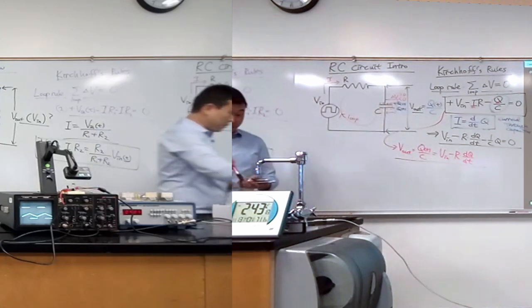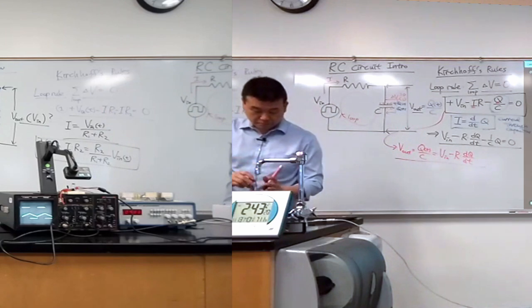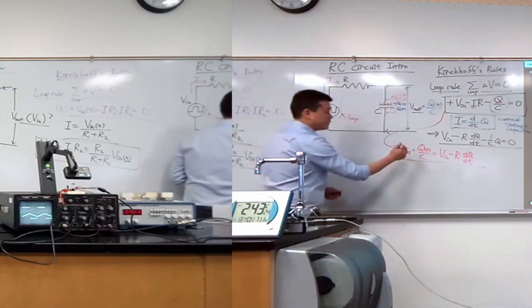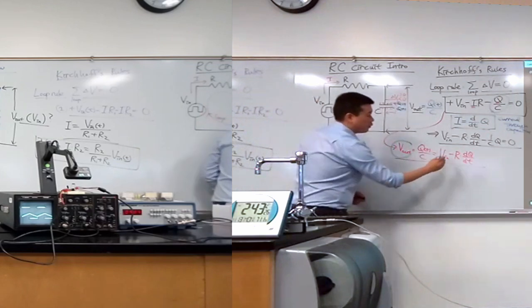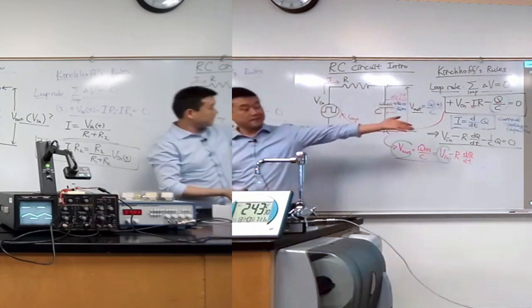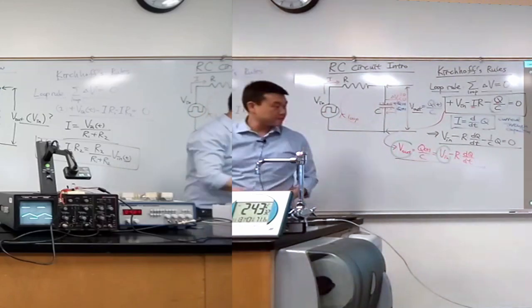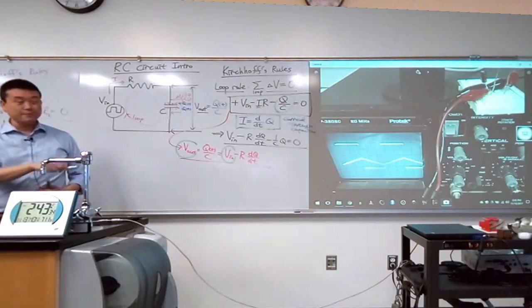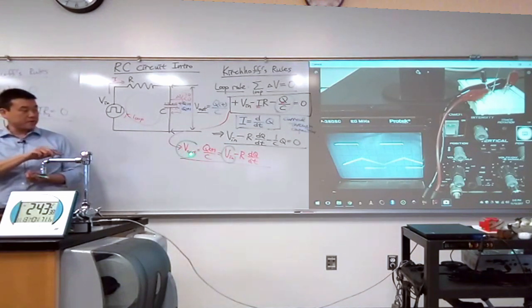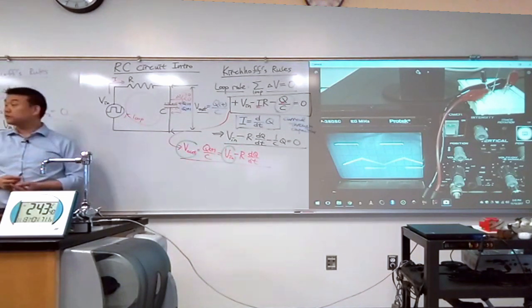Yes. And when I look at this, I see that my V out should be more or less the same as my V in. Why isn't it? Like when I look at this, it's clearly about 10 times smaller or more. So why is my output voltage not comparable to my input voltage?